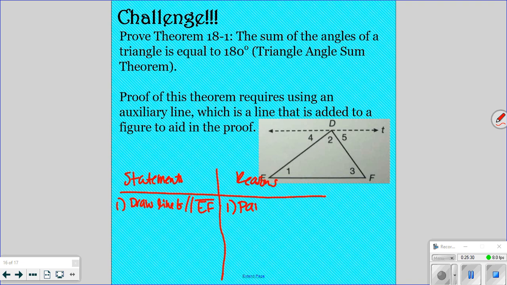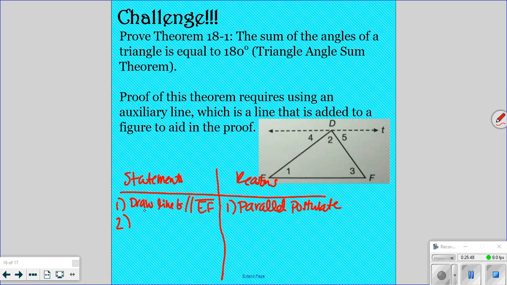And that's from the parallel postulate. So that's the first thing we want to start with. We want to draw that in. So that's not our given. They didn't give us anything. So we can't start with the given because there is no given.